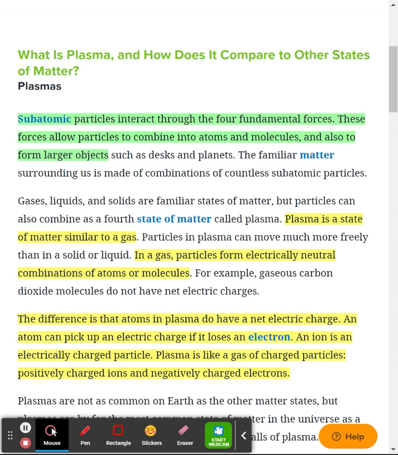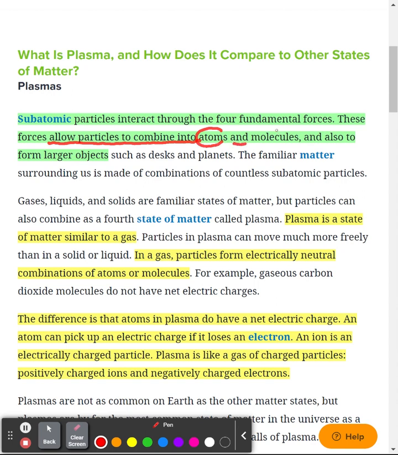Remember, those are gravitational forces, electromagnetism, and strong and weak nuclear forces. Your subatomic particles interact through all of those forces, and that allows these particles to combine. That's an important part there. It allows the particles to combine into bigger things, such as atoms and molecules.